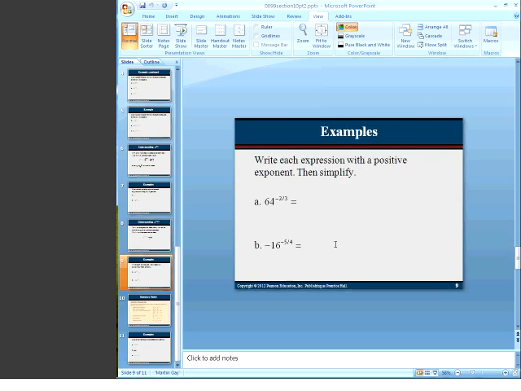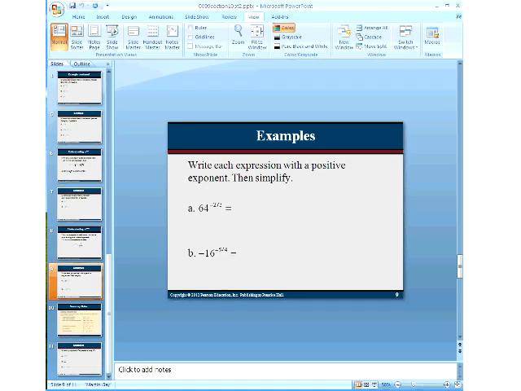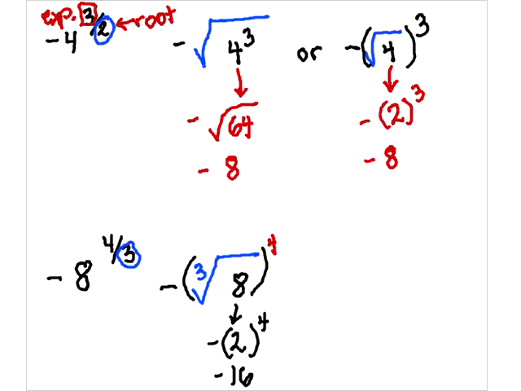And remember, negative exponents, let's do one of these. 64 to the -2/3. Now you've learned about negative exponents in the past. So let's do one with the negative exponent. Now, what the negative tells is that the 64 goes in the denominator.